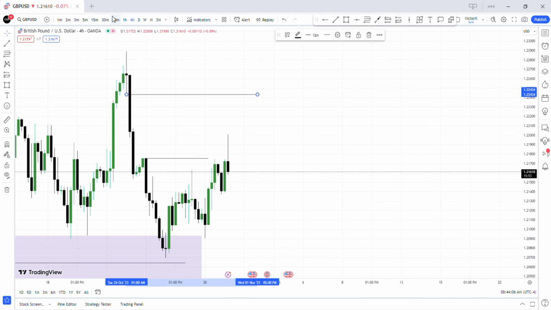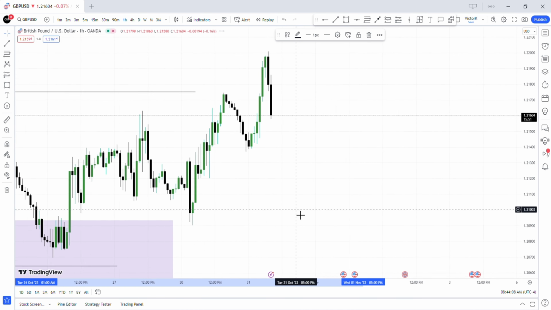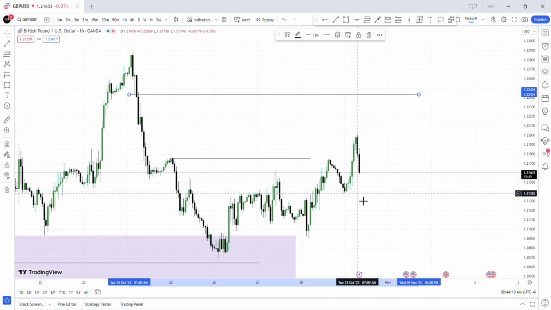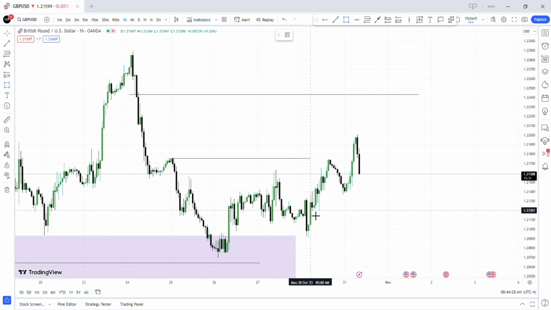If we go to a lower time frame, the pound came down in here, made a low, went higher. So we should see some strength around here before price keeps going higher. I don't expect to see it rolling over. If it rolls over, then the new entry area will be here.